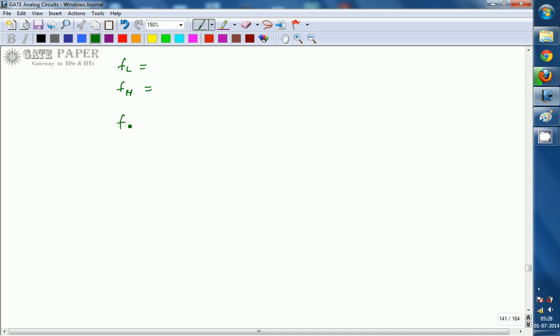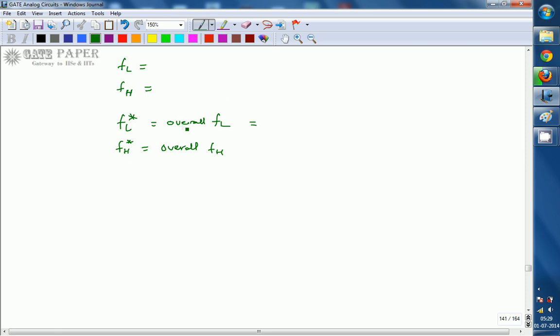The overall lower cutoff frequency is FL with asterisk, and the overall upper cutoff frequency is FH with asterisk, with cascading.